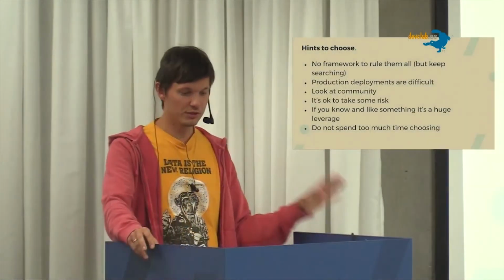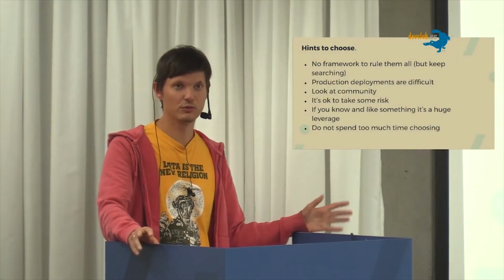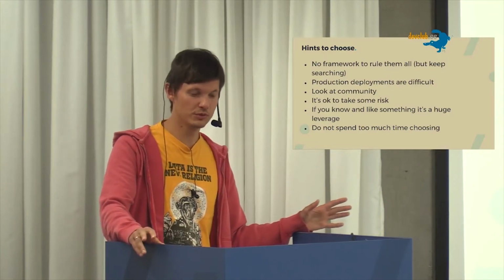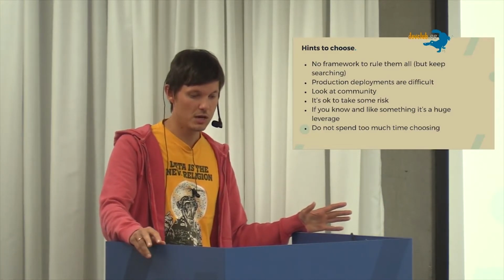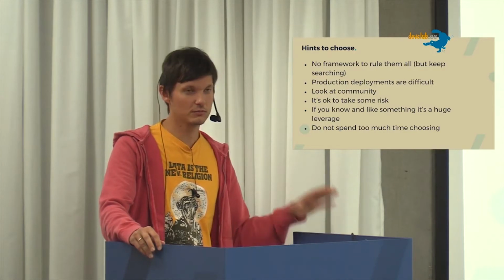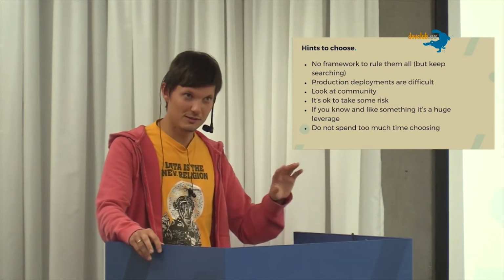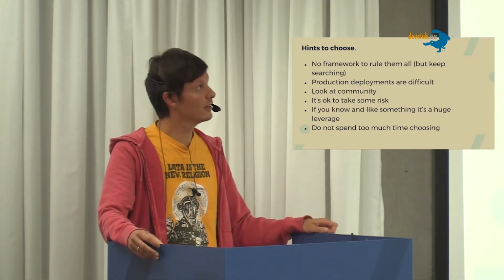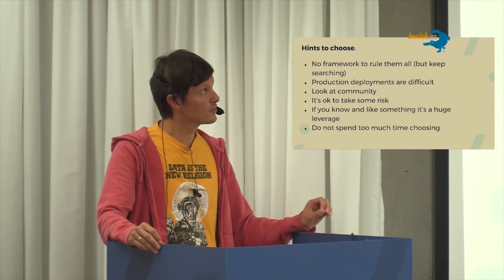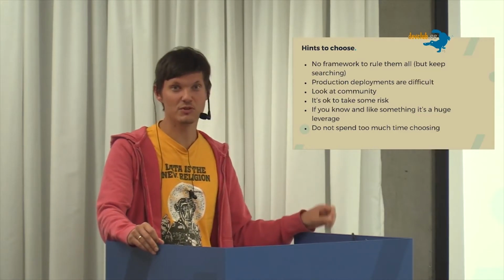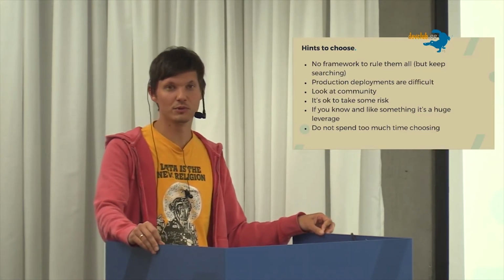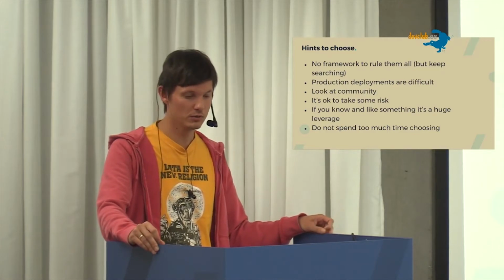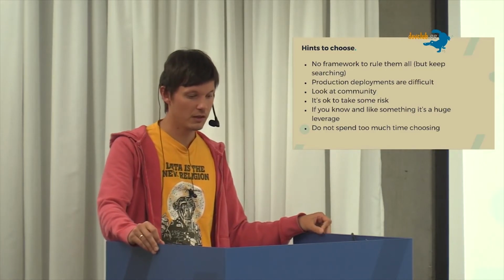First of all, there is no framework to rule them all. There is no framework that will solve all of your problems. The industry is just getting there. But keep searching. It is very important if you can do all the parts in one framework.